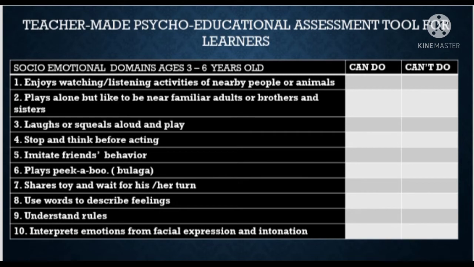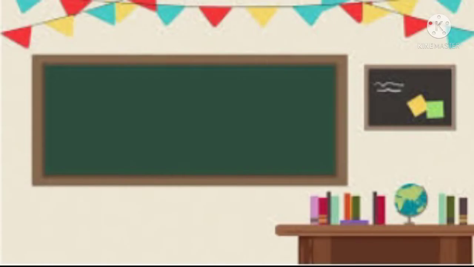Imitates friends' behavior. 6. Plays peekaboo, bulaga. 7. Shares toys and waits for his or her turn. 8. Uses words to describe feelings. 9. Understands rules. 10. Interprets emotion from facial expression and intonation.